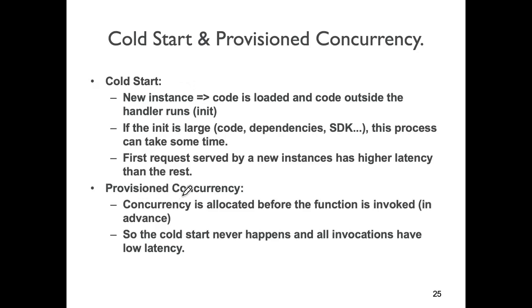Essentially the idea is, and again, you would express the option to have provisioned concurrency in your infrastructure code, that the Lambda service will actually spin up a couple of micro VM instances, load your code into those instances, and run the initialization code. It will do that even though no requests have been made to your Lambda function. In other words, it's kind of provisioning some VM instances with your code ready to receive requests.